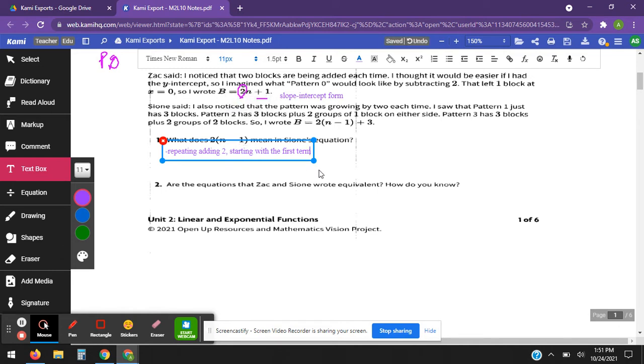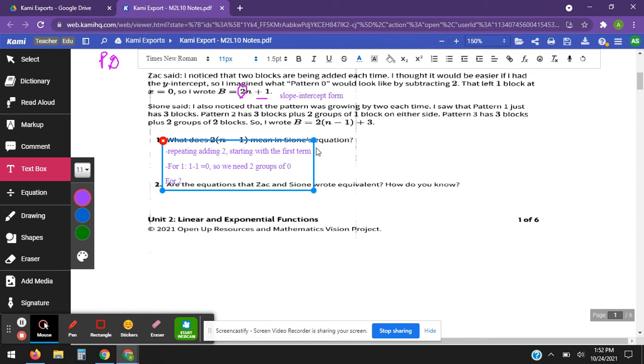So that's what we've used that for. Just to reiterate what Sion was saying: for pattern 1, 1 minus 1 equals 0. So we need 2 groups of 0.